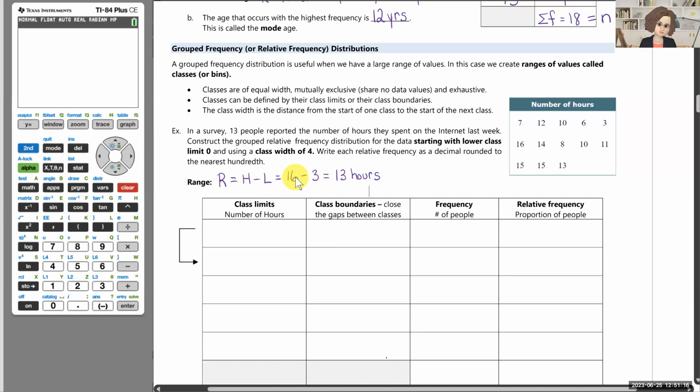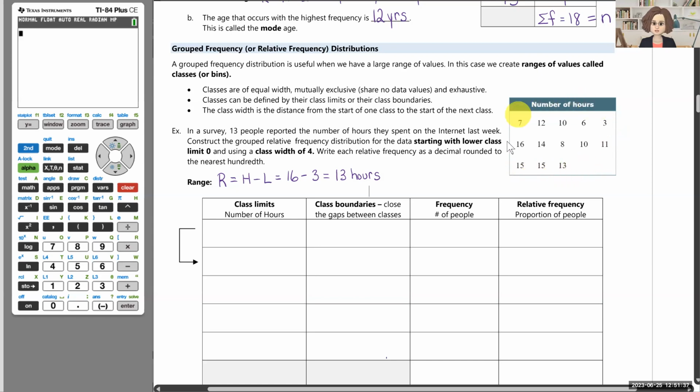It doesn't really help us see trends in the data, and that's what we're after here. So I realize there are only 13 values, but essentially when we talk about organizing data, we're generally dealing with much larger data sets. It's just that we're doing these by hand, so we often do use small data sets.